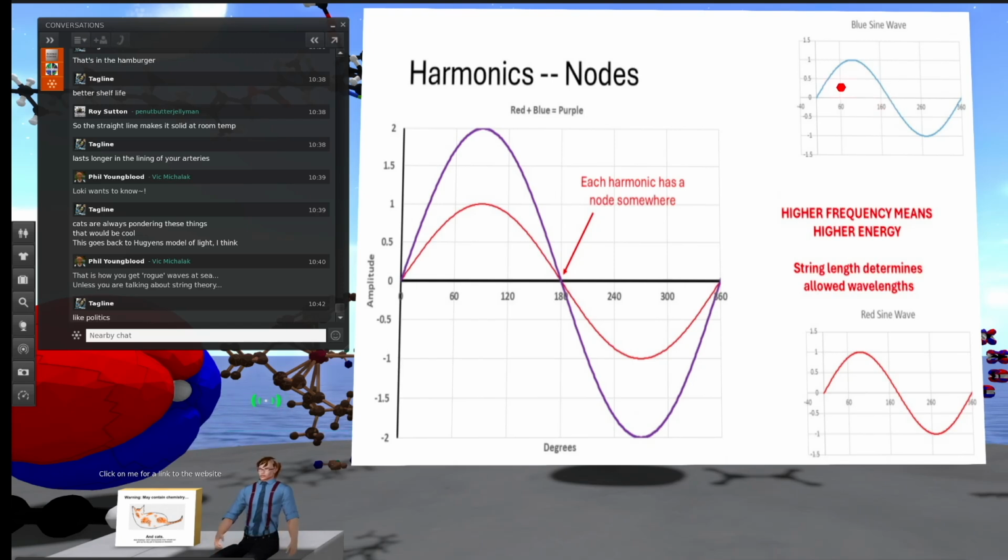And again, you can have constructive interference when you have two of these waves of the same frequency on the string, or in the same pool of water, for example, if it's a water wave. Red and blue would make purple, and you get a bigger wave there.